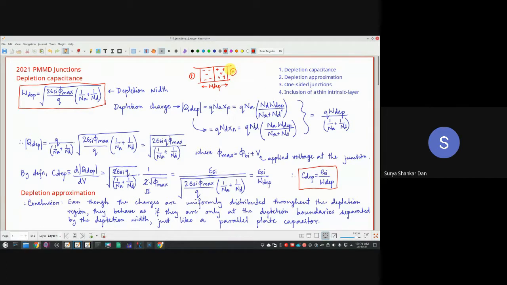And so the mobile electrons and holes will neutralize the ions over here. So effectively these boron and phosphorus ions are not ionized. Okay, so they are essentially in the atomic state, neutral atoms.